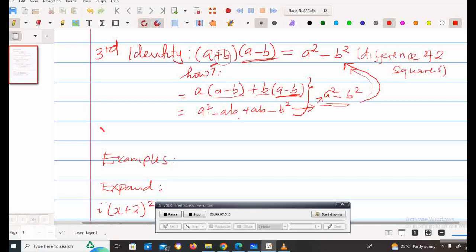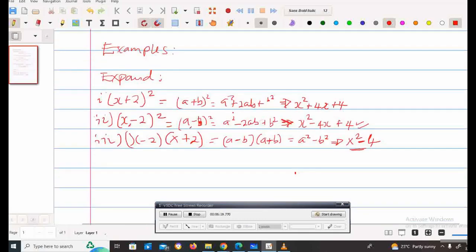So how do these identities help us in expanding quadratic expressions? Let's look at these three examples. The first one is x plus 2 squared. This is the same as the first quadratic identity, a plus b squared.